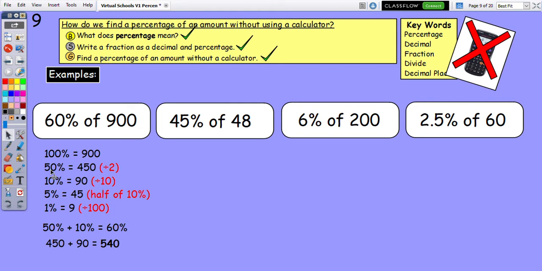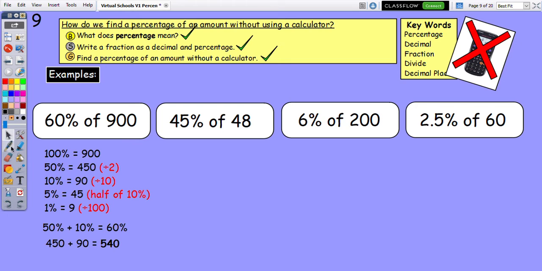Okay, so to find 50%, I divide the quantity by 2. Now, to find 10% of 900, I divide by 10. 900 divided by 10 is 90.